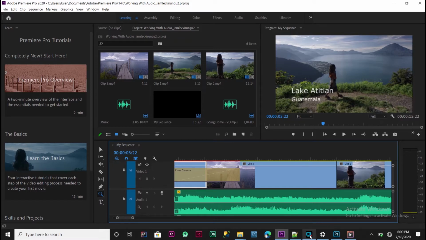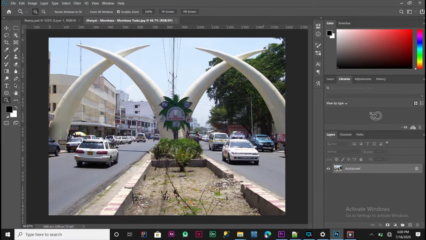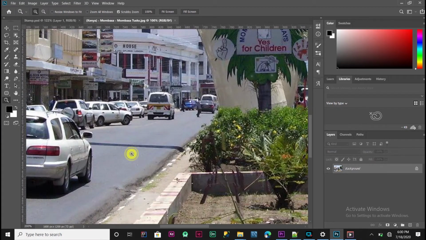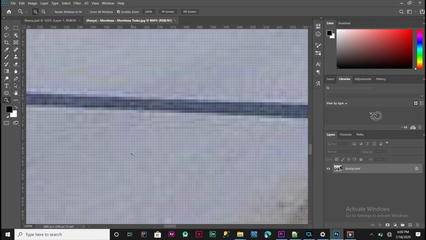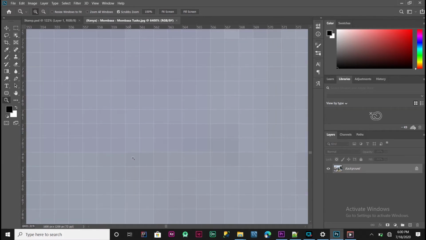The more pixels you have in a video, the more clear it is. Pixels are those squares. If you have more of these squares in a video, the clearer it becomes.